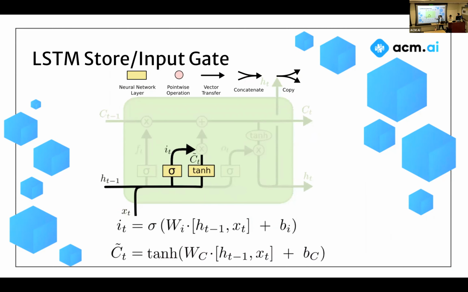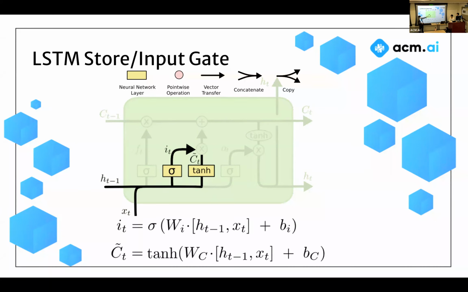Then we have something called the store gate, which decides, given our current inputs and the hidden state from the previous inputs, what information we are storing onto the conveyor belt. If you notice, before, we did a pairwise multiplication because we were trying to forget something, to mask something. But this time, we're trying to remember something, and to remember, we use a plus symbol because we're adding information onto this conveyor belt.